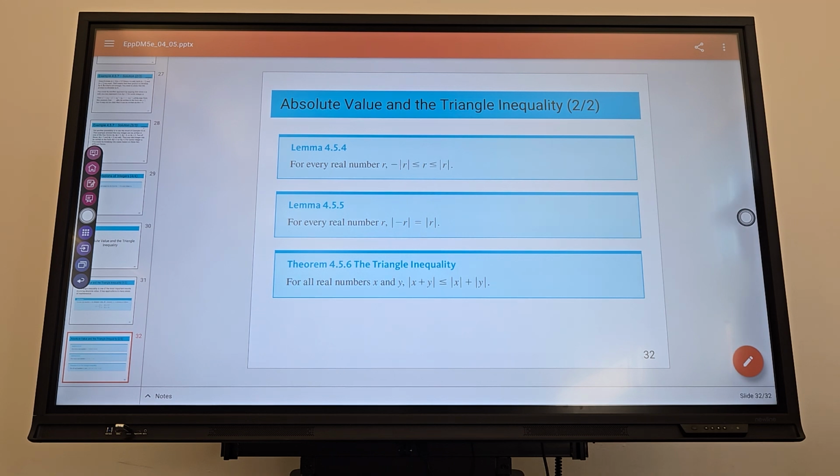And the triangle inequality: for all real numbers x and y, the absolute value of x plus y is less than or equal to the absolute value of x plus the absolute value of y. This doesn't get into proofs on those, just throwing those out there so you can use them in later proofs.